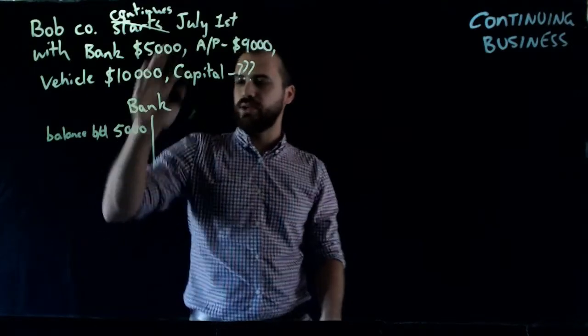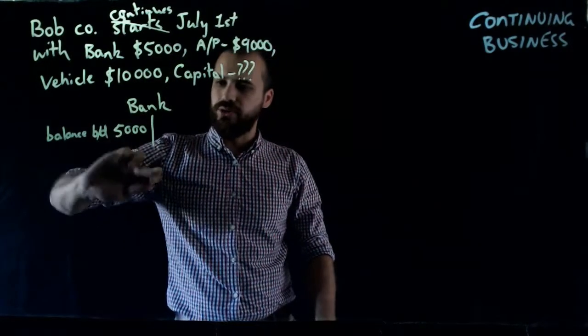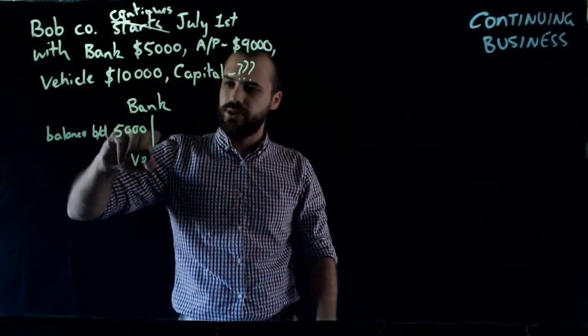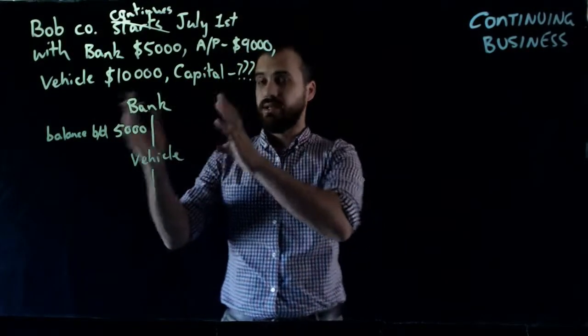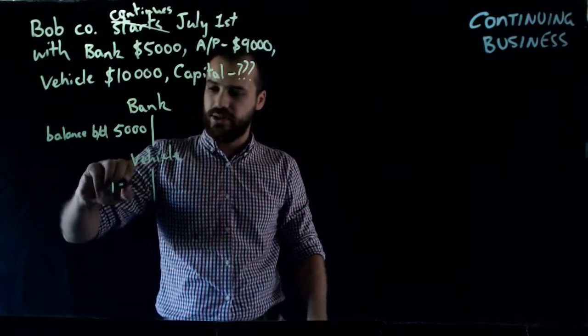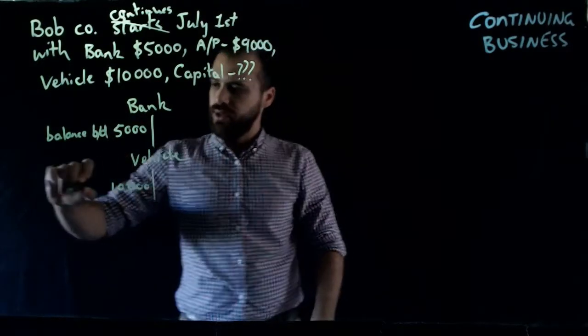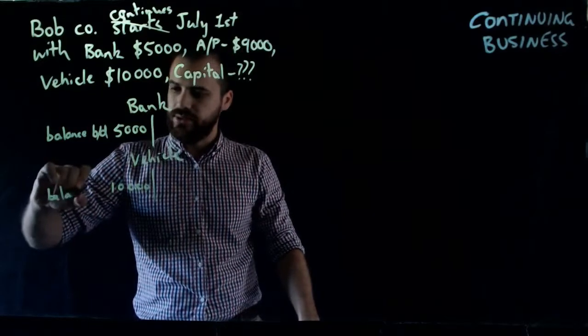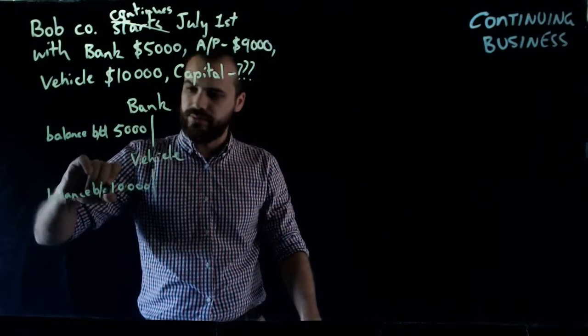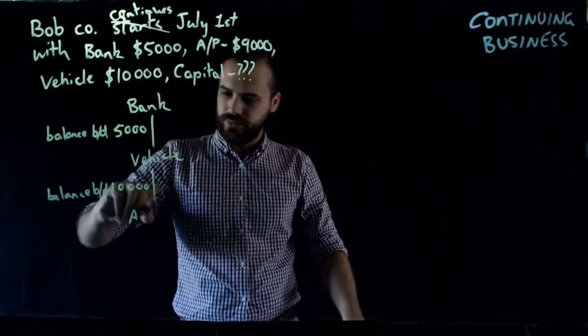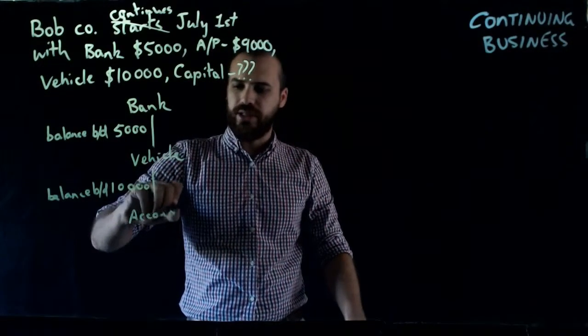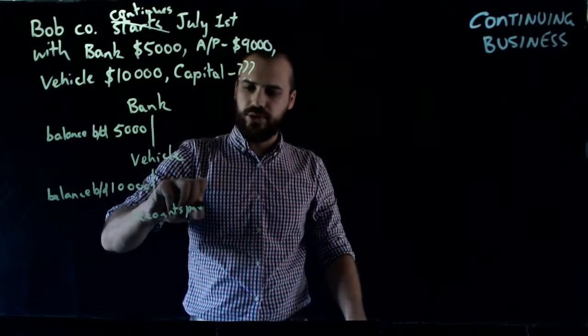Now, the next one I'll do this in real order. The next one I'll do is the vehicle. Now, again, the vehicle is an asset, so it's going to go on the debit side. And that's going to be balance brought down. Accounts payable. Don't abbreviate it like that. I'm just being lazy, but you guys are better than that.